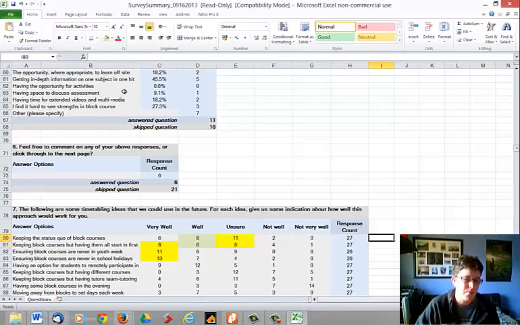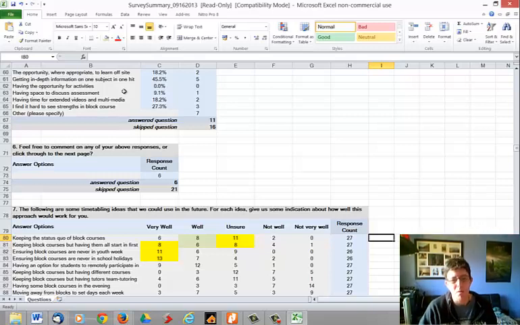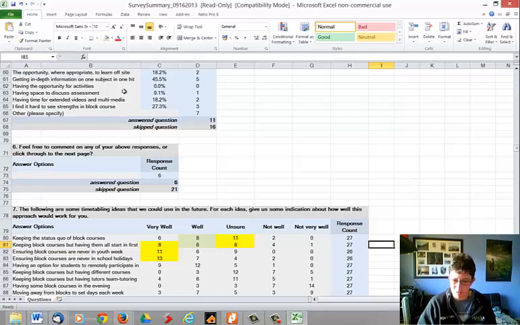What that says in reporting is that the results varied. Whilst the greatest number of students were unsure that keeping the status quo of block courses would work for them, there was a higher proportion of students who felt that it worked either well or very well, whilst the greatest number of students were either unsure or said very well that block courses should fit in the block in the first week.